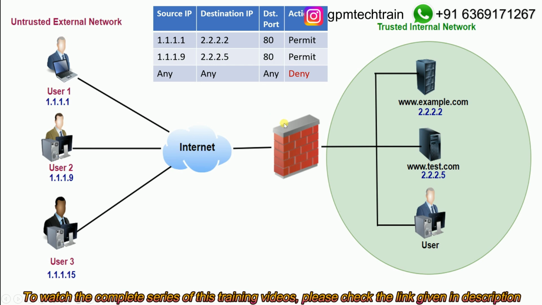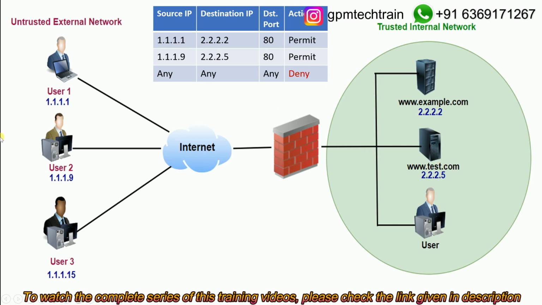In that case also the firewall looks at the policy, but this time it has only a valid security policy to permit this user to connect to the destination with IP 2.2.2.2, and it doesn't have any valid security policy to permit the transaction for the destination 2.2.2.5 for this user. So when user 1 tries to connect to this application, it gets denied.